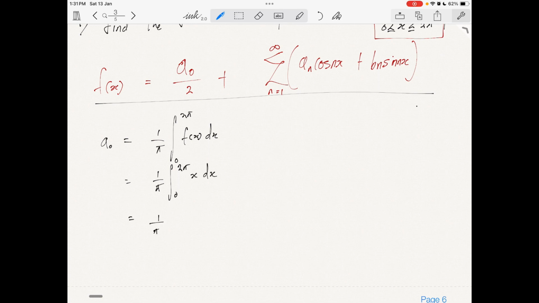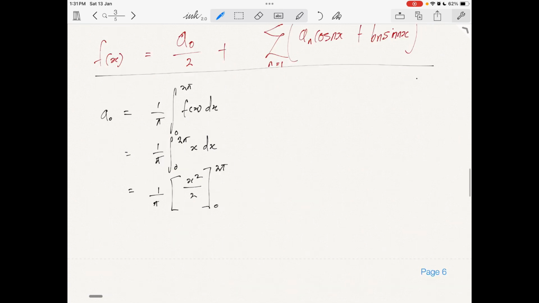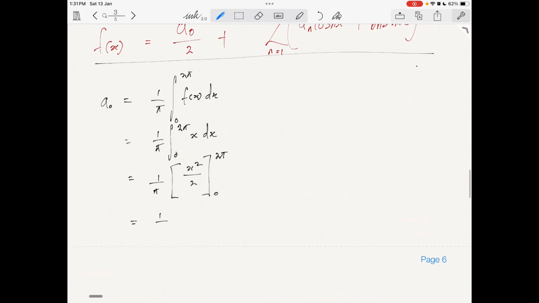When we integrate x, we have x squared over 2 from 0 to 2 pi. When we include our upper limits and also our lower limits, we are left with 1 over pi times 4 pi squared over 2 minus 0.